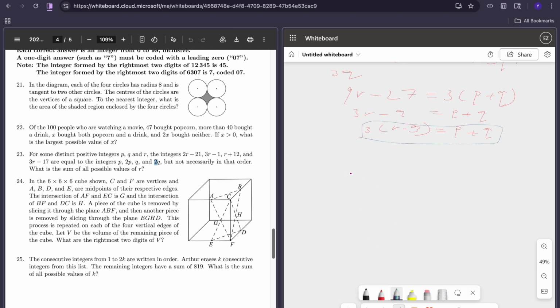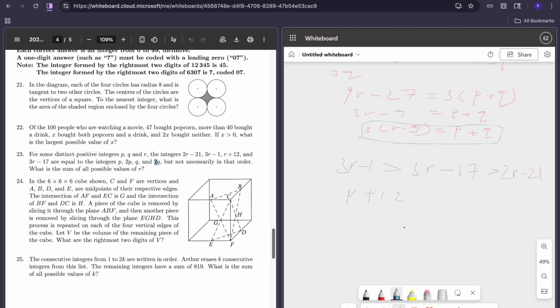We can see that 3r minus 1 is bigger than 3r minus 17, which is bigger than 2r minus 21. And for r plus 12, we're not sure.